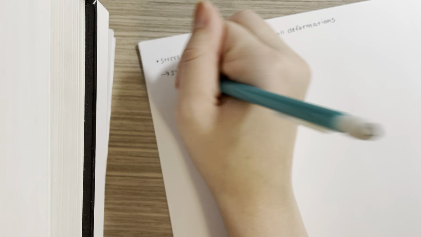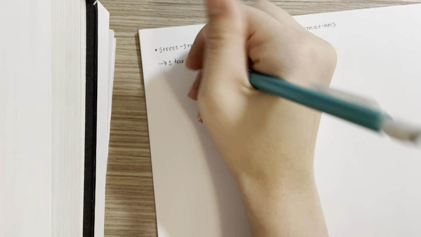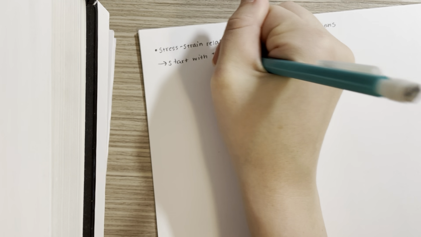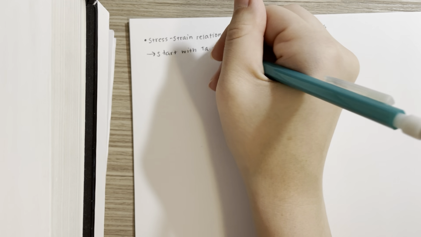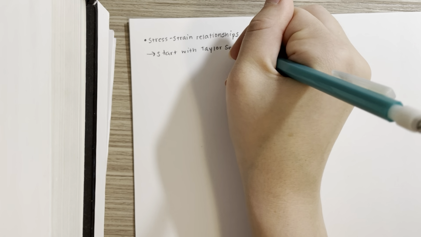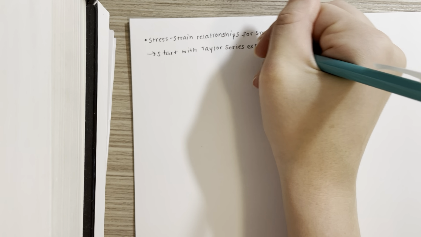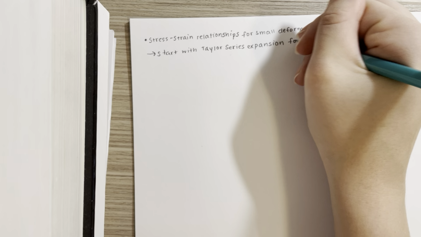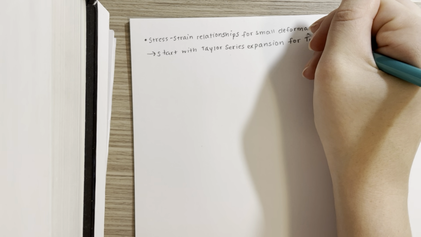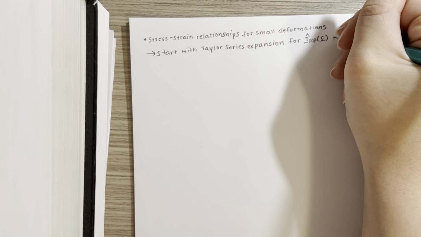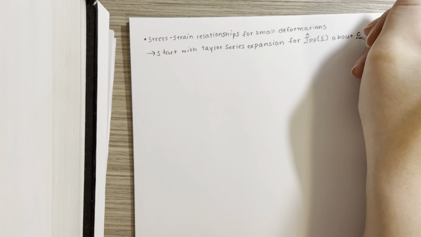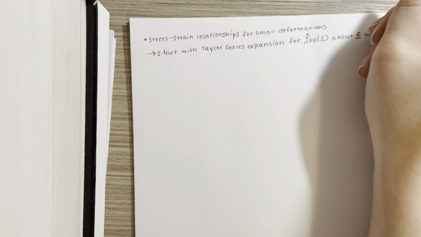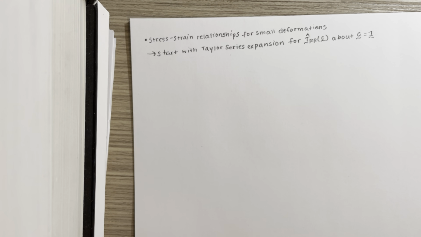But to define our elasticity tensor, we're going to start with the Taylor series expansion for our second Piola-Kirchhoff tensor about C equal to 1, or our identity tensor.